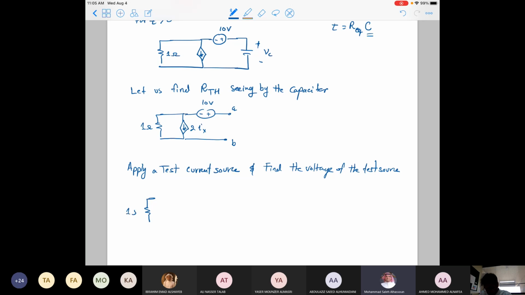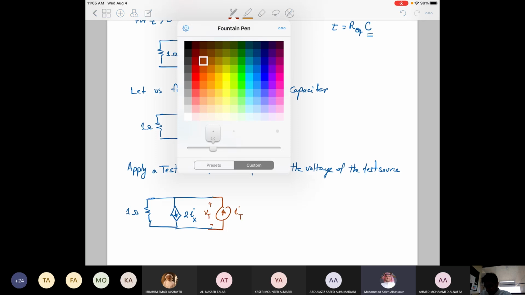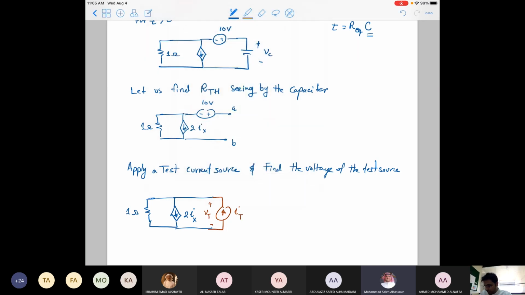If I'm applying a test source, the first thing you need to do is deactivate all independent sources, but dependent sources shouldn't be deactivated. So this is my test current, i of t, and I need to find v of t. What is the voltage across the test current source?